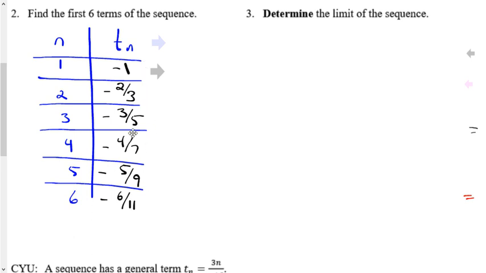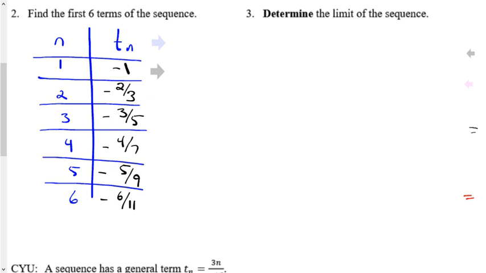We have 4/7, 5/9, 6/11, and all of these are negative, so we'd have 7/13, and then 8/15. All of these are getting closer and closer to -1/2.